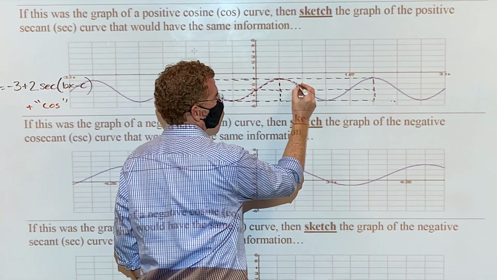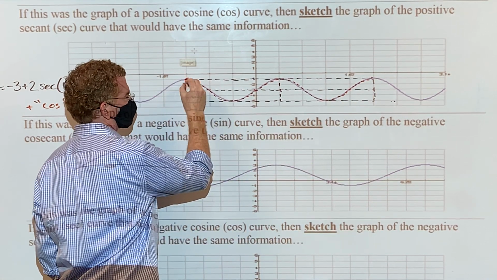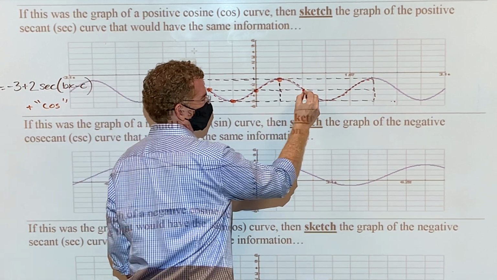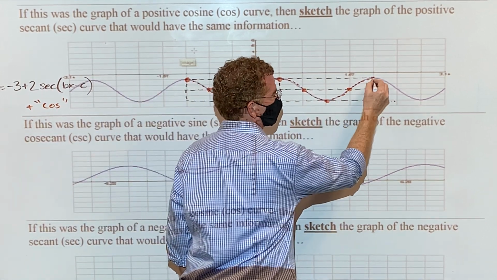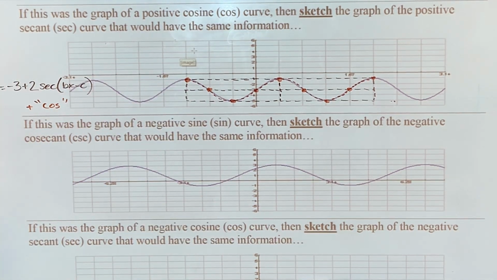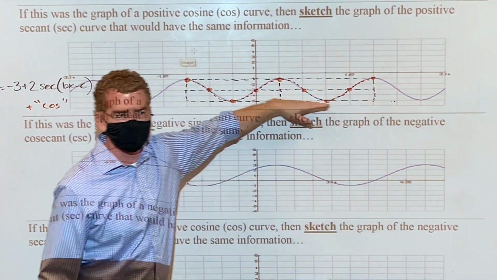In fact, some people ask, do I even need to put the dotted line in? Don't I really just need the points? And the answer to that is yes. That is really all you need, because the points that you've been marking are the ones that you're going to be using, right? But you're going to do the exact same thing. So what do you do with the values that are on the D? Those are places where cosine was 0.